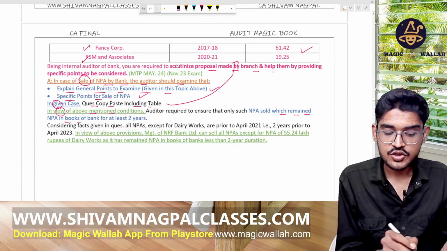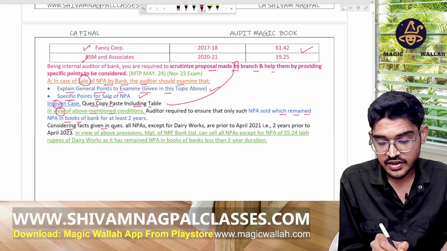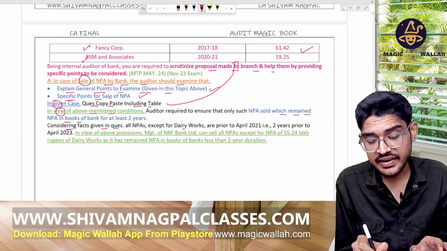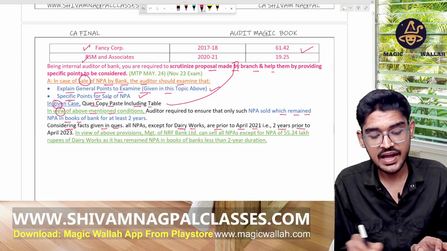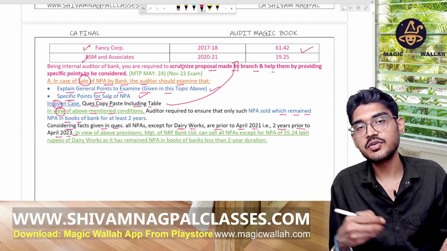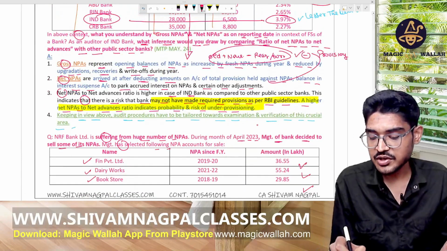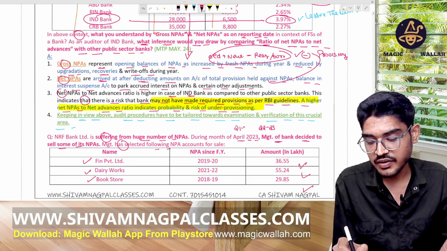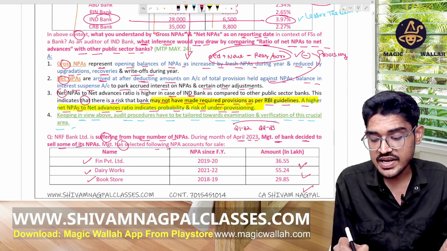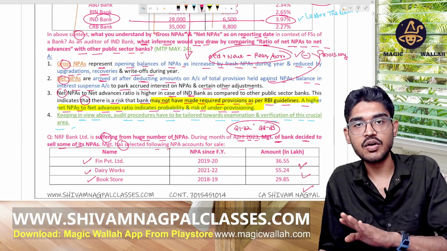So considering the facts in the question, all the NPA except for the dairy works are prior to April 21, meaning 2 years prior to April 2023. You can say 22-23 and 21-22. These 2 years they remain in the bank's books of account.